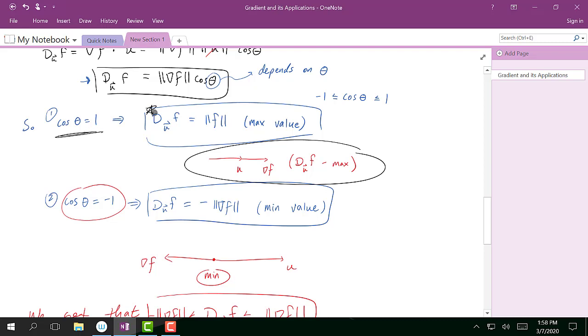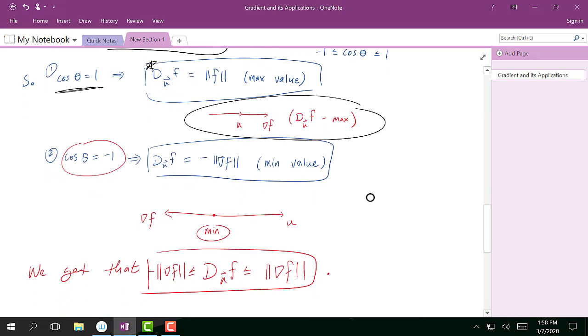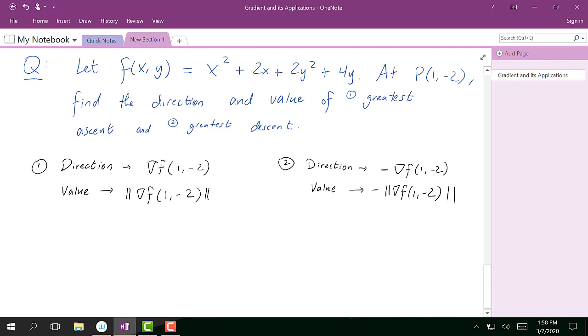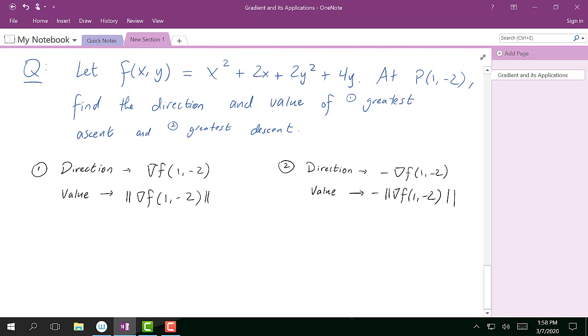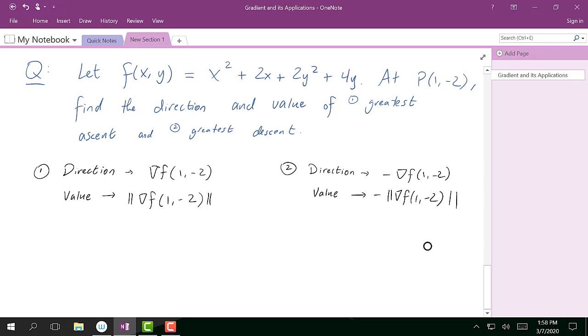If this is clear, sorry that I'm going over it, I just want to make it extra clear. In the opposite case, we just have a negative. This is what we have. Now we just have to compute it real quick, and then we'll be done with this question.